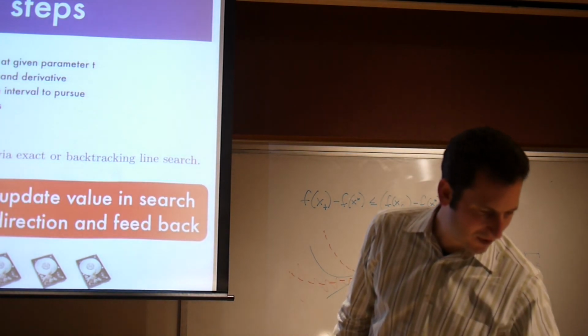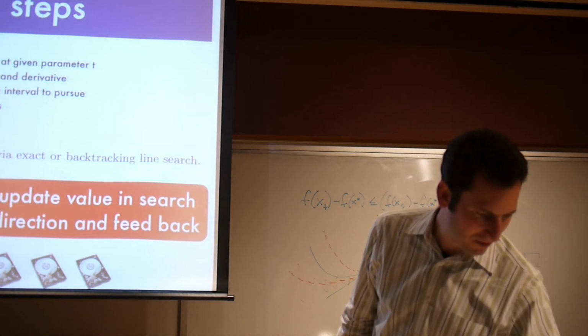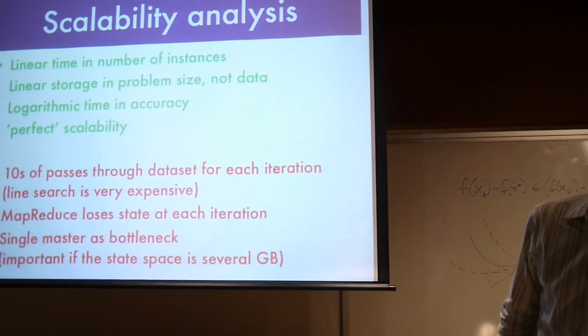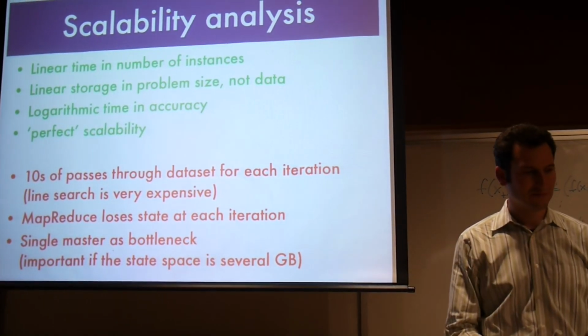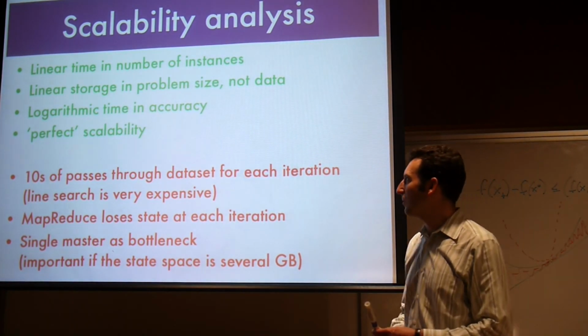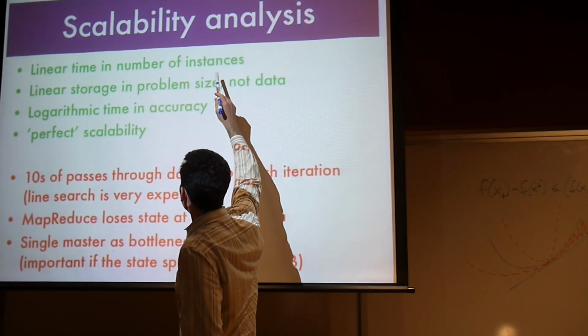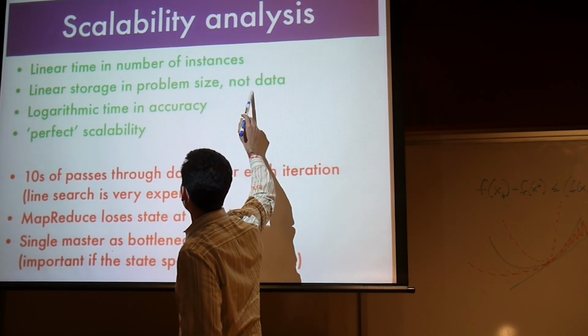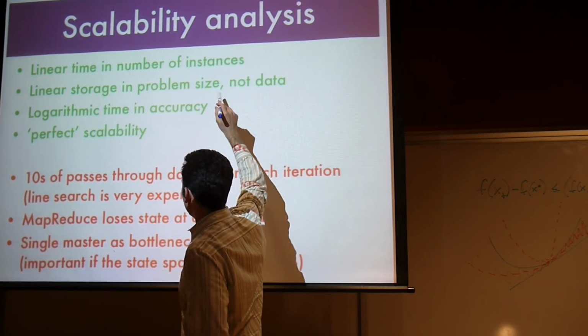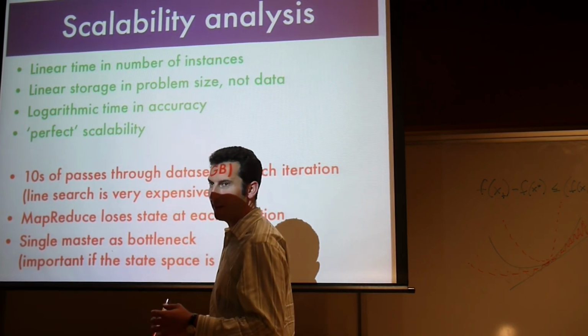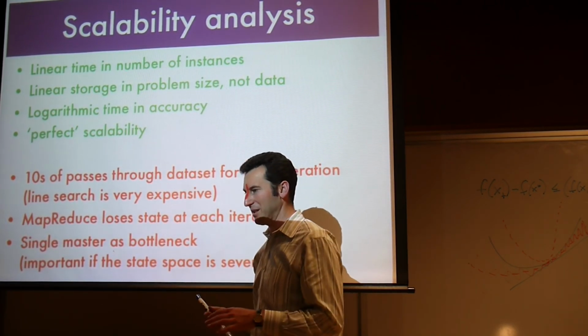But it's still expensive. So the question is, can we do any better than that? What's great is we have linear time in the number of instances. We have linear storage in the problem size, not the data. That's great. Log time in the accuracy, and we scale perfectly while ignoring that pesky MapReduce part.